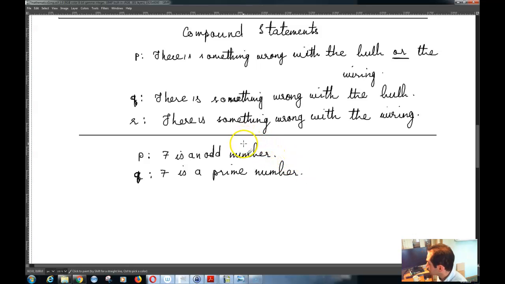Now these two statements can be combined with an and, meaning that instead of these two you can write R as 7 is both an odd and prime number.